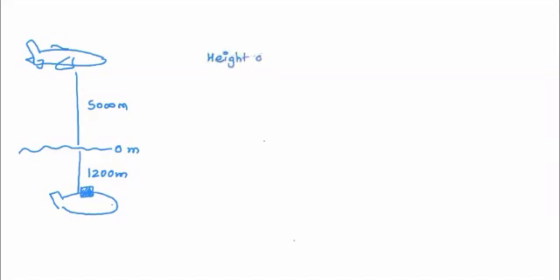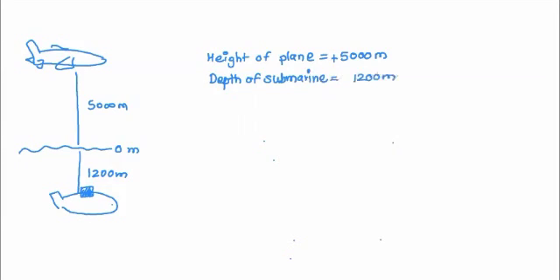Height of plane is equal to 5000 meters. But because it is above the sea level, we are going to give a positive sign. Depth of submarine is equal to 1200 meters below the sea level, so it is minus.